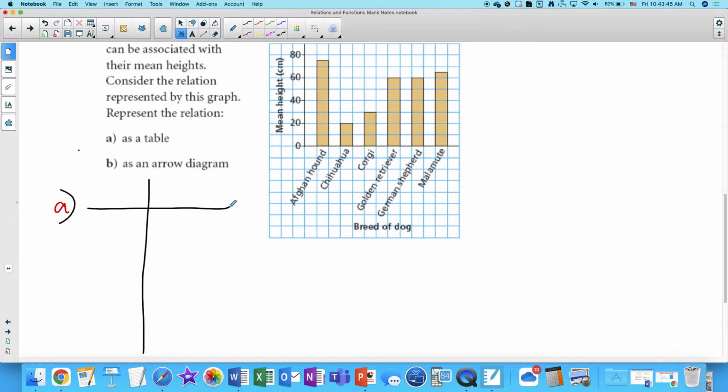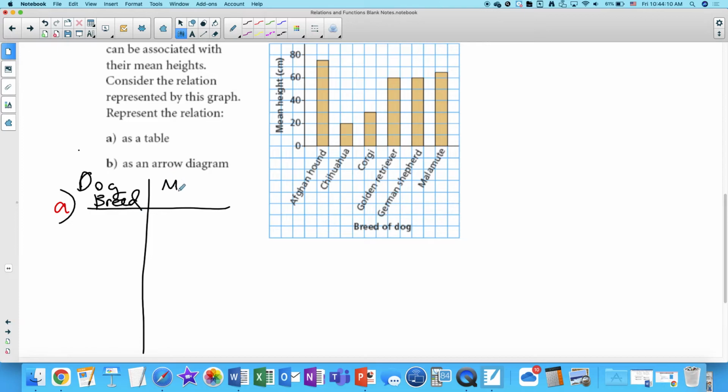So which one in this case should go on the left? The mean of height should go on the right. Yeah, so whatever's on the horizontal goes on the left. Dog breed. And it's really, really mechanical. You see something on the horizontal, it goes on the left. You see something on the vertical, it goes on the right. Mean height.